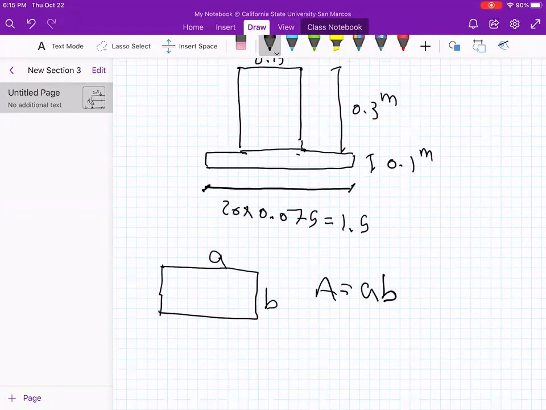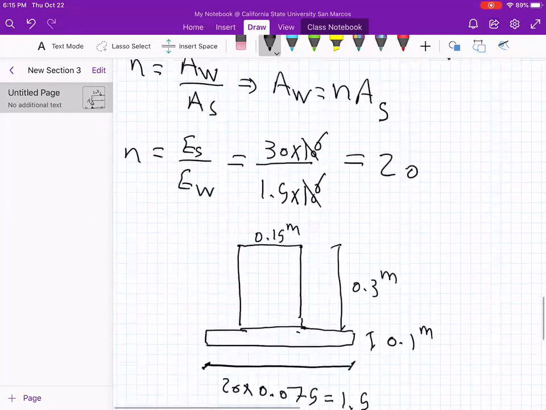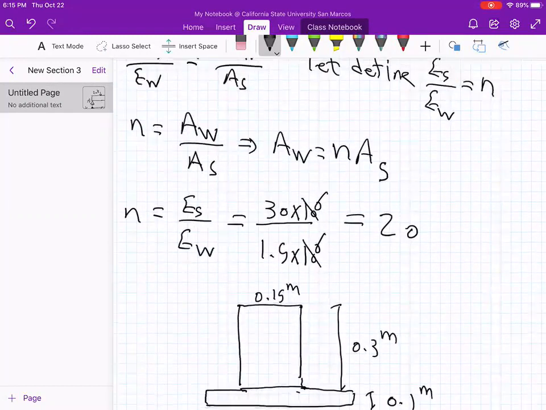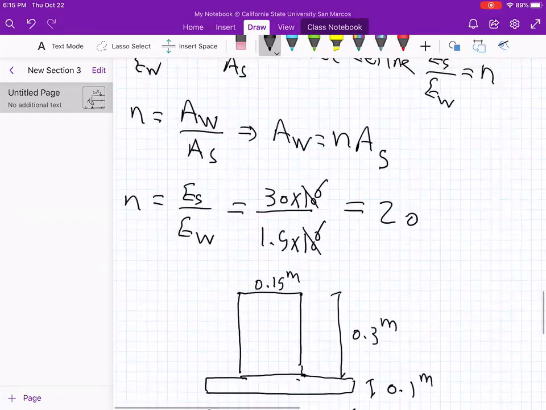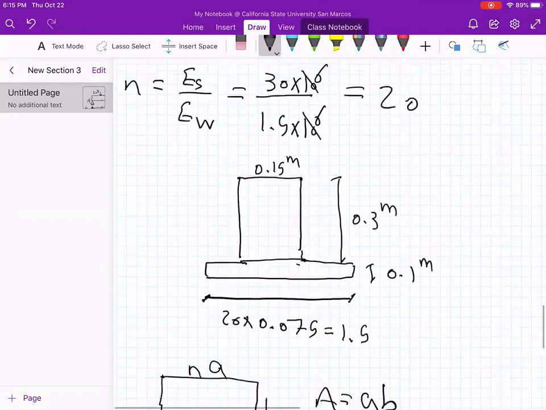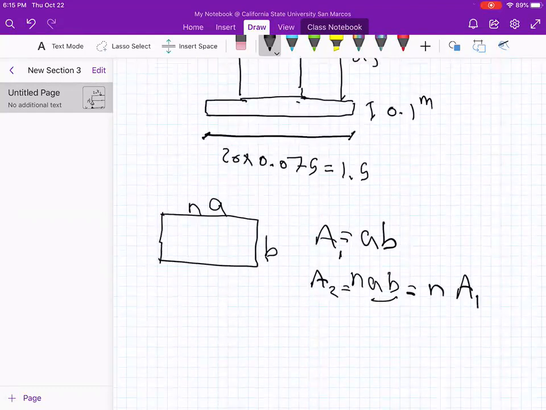So just pick one dimension, this is N. Then N times A times B. If you multiply both dimensions, we have N squared. It doesn't make sense, right? Because we have AW is N times AS, right? Does it make sense?